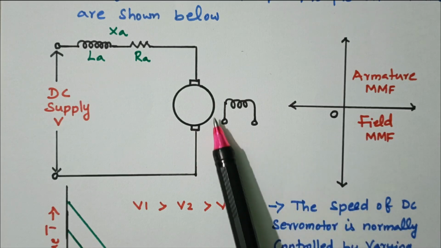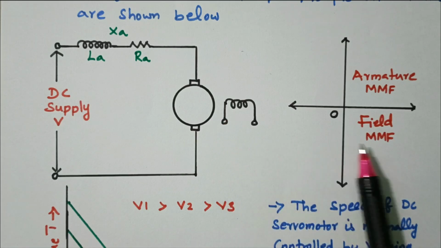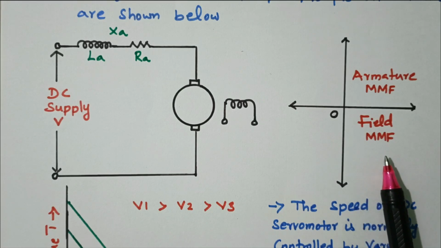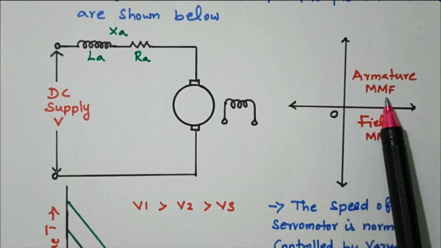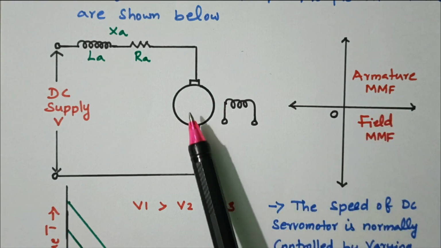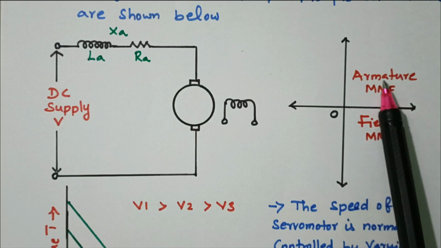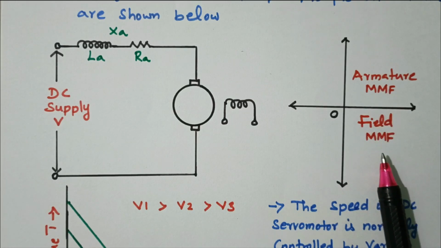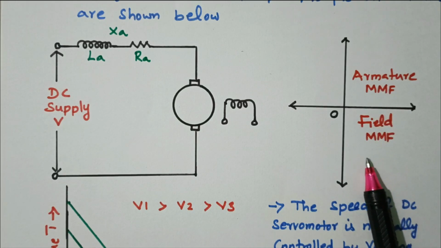We already discussed this is not a continuously rotating machine. It is a position control motor. Wherever we need, it will rotate either in the forward or reverse direction and it will reach our required position. So any small change in the armature will reflect in the speed of the motor. Both are in quadrature, meaning completely opposite.